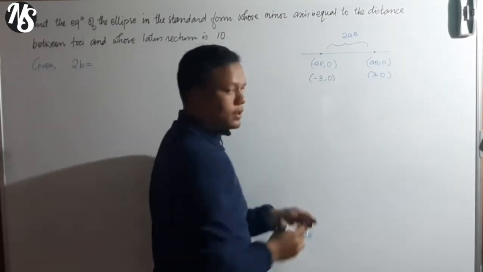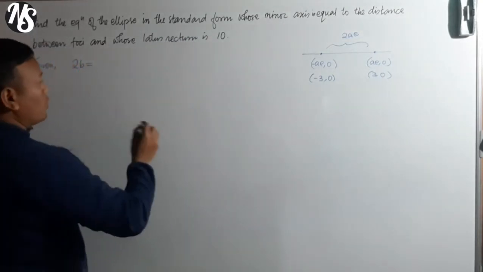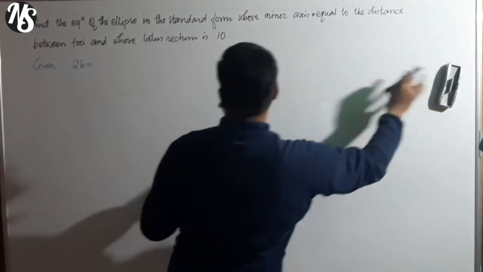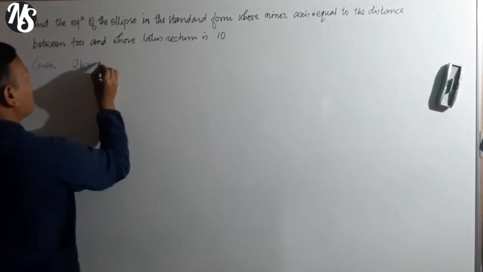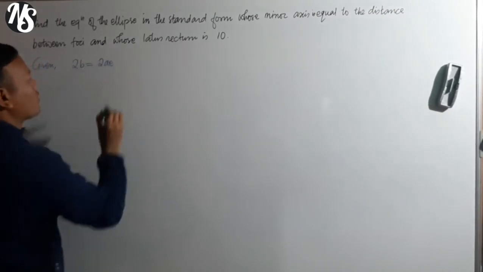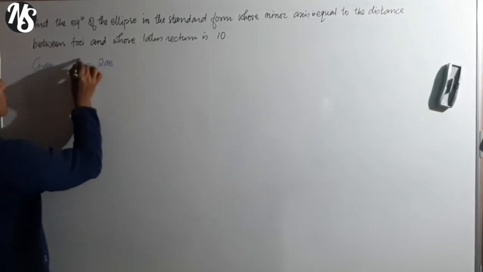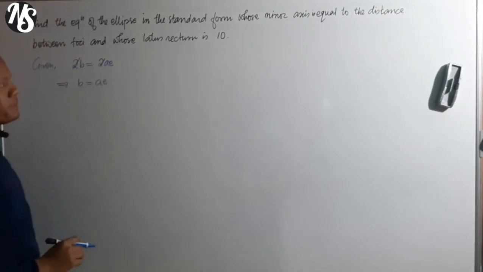Use the distance formula, and you'll find that this equals 2ae. Or you need not use the distance formula: for example, if these are minus 3, 0 and 3, 0, the distance between them is obviously 6. So it's quite easy. Basically the distance between the two foci is given to be the minor axis, so 2b equals 2ae. From here we see that the value of b is equal to ae.